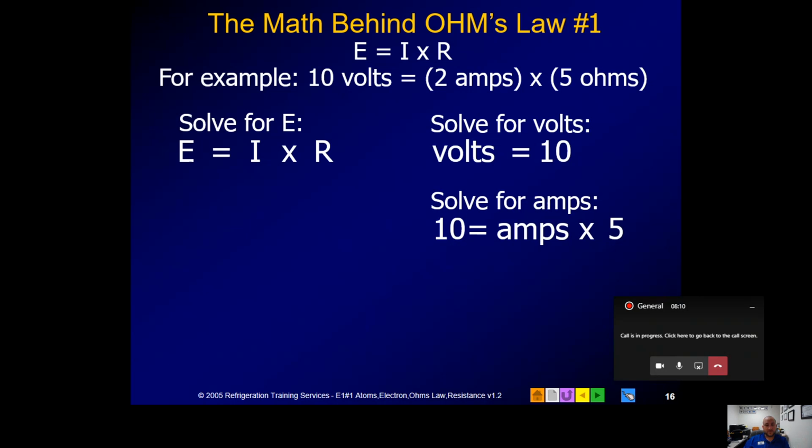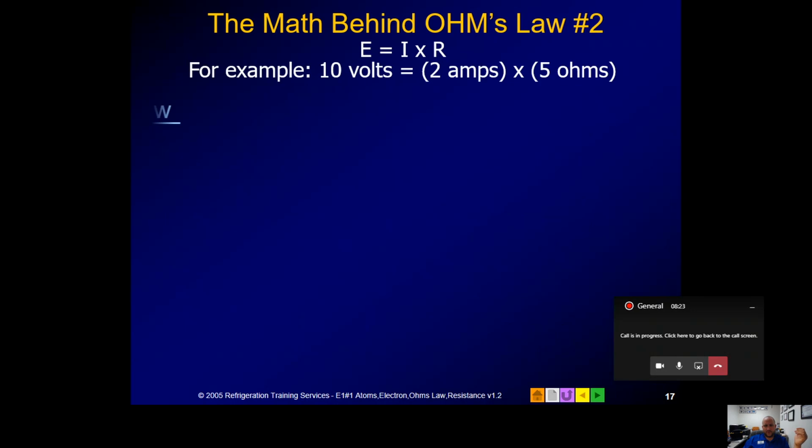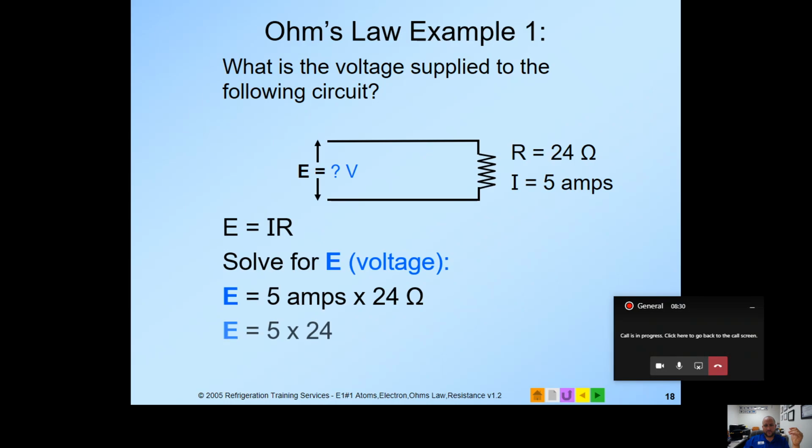Or if you're applying 10 volts to the circuit and you know that the circuit has a resistance of 5 ohms, then you can calculate expected amperage just by using these formulas. So you can move those numbers around from side to side. Like I said, I'm moving pretty quick through this because we'll probably go through it in class, but I just want to touch base on it a little bit, give you a couple of examples.